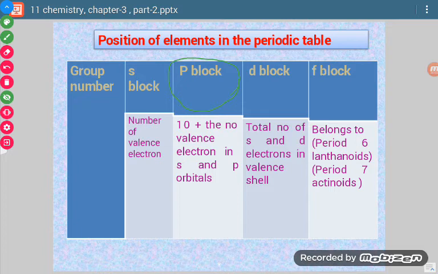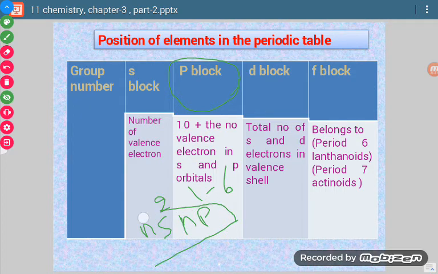Now, in case we have checked that our element belongs to p block, then again we will find the maximum value of n. That will tell us the period number. Then we will find the valence shell. In case of p block, the valence shell is ns2 np 1 to 6. Once we know the maximum value of n, we will find these two orbitals, ns and np, and count the total number of electrons present in them.